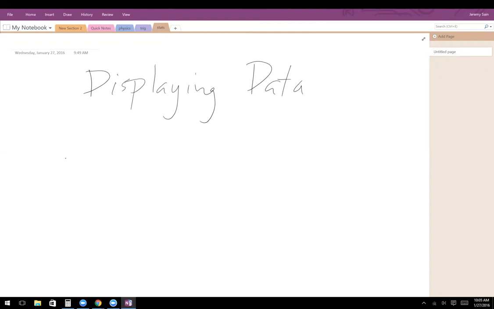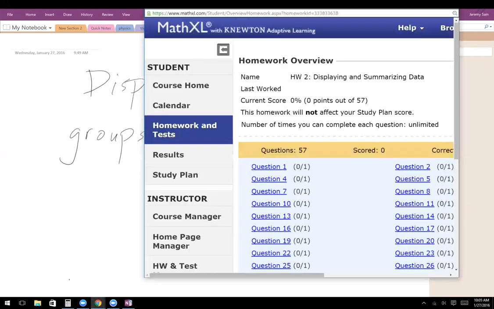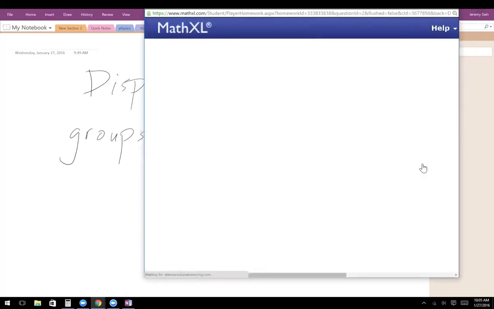Basically, it's where you find the frequencies of everything. You've got your data, you divide it into groups that are the same size, and you tally how many are in each one. Since I can't think of the name, let's jump into the homework and do one, and then I'll remember what it's called.